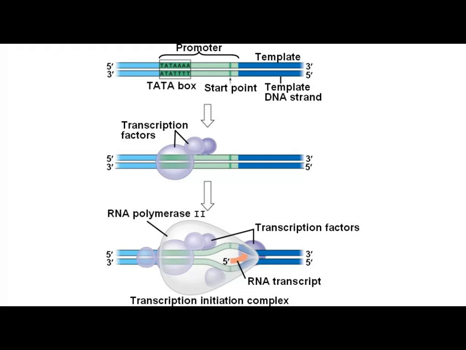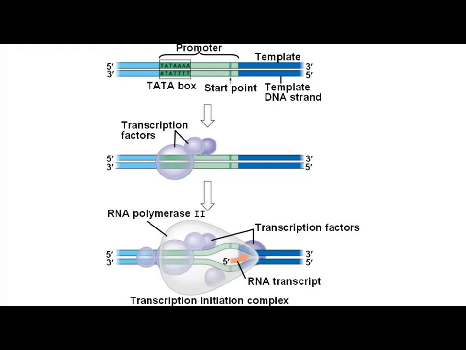We are going to have transcription factors bind to the promoter. There's a special protein called the TATA binding protein. I'm not going to go too deep into it, but there's a special protein that binds to that TATA box right here. We have some other transcription factors in there. When all of those transcription factors are in place, that is when RNA polymerase 2 will bind.